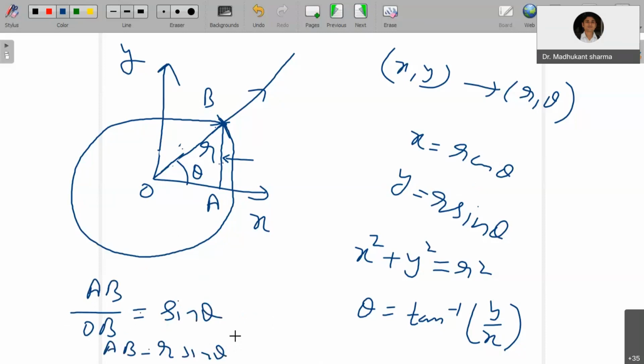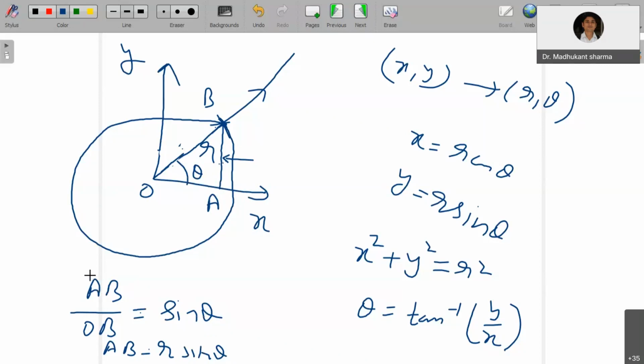Wait a minute. If you have this angle theta here made with the positive x-axis, then AB divided by OB is equal to sine theta.